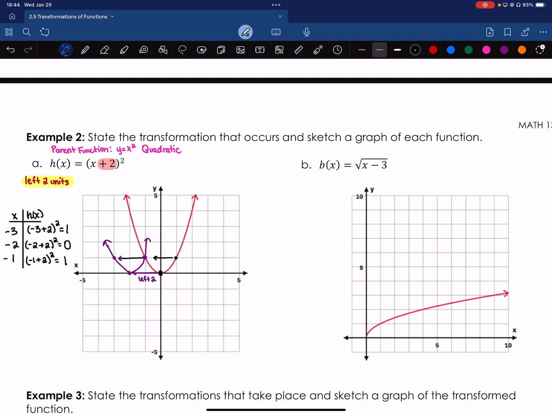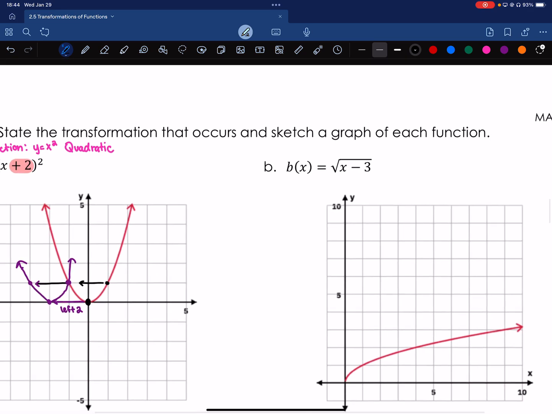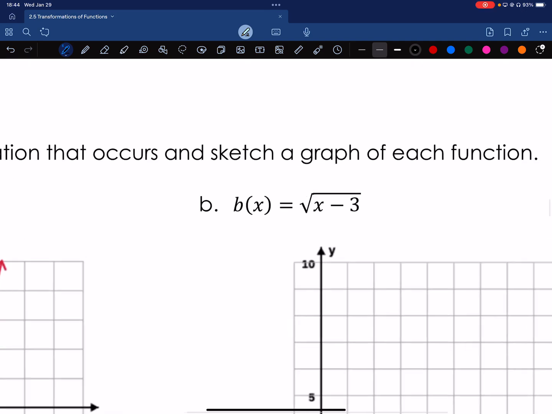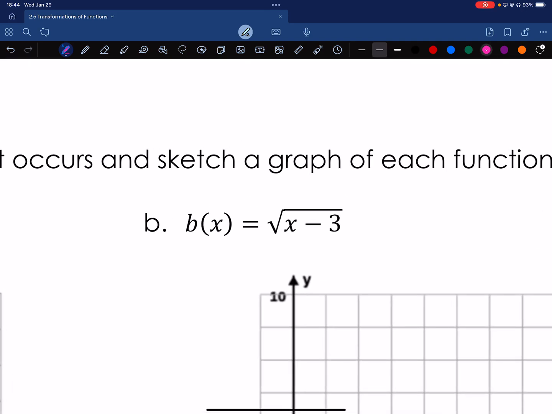This next one is a parent function we have not graphed yet. So because this is just the normal square root symbol right here, there's no number sitting on this ledge. Eventually you may see a 3 sitting there or something like that. That means that this is just the square root parent function.